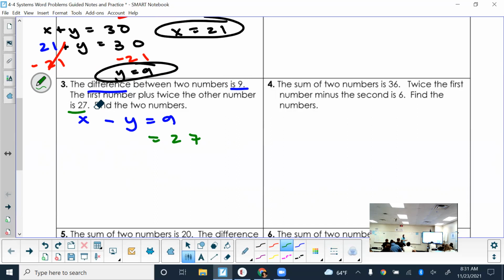What did we say is our first number? Plus, obviously a plus sign, right? And then twice the other number. So the other number is what? Y. And if it's twice that number, what operation? So it should be 2y. That makes sense? Any questions?